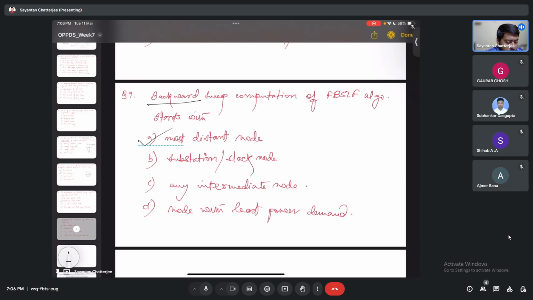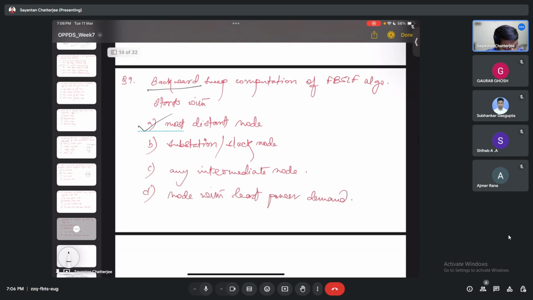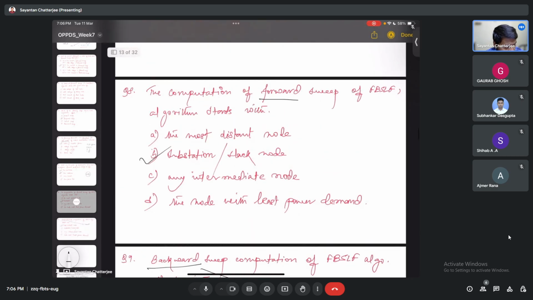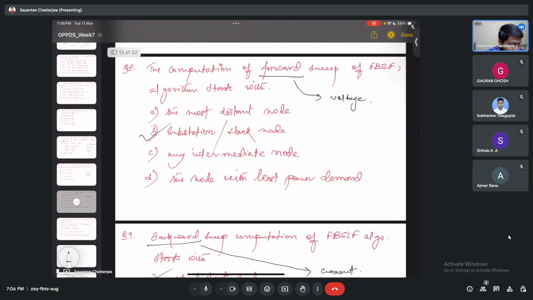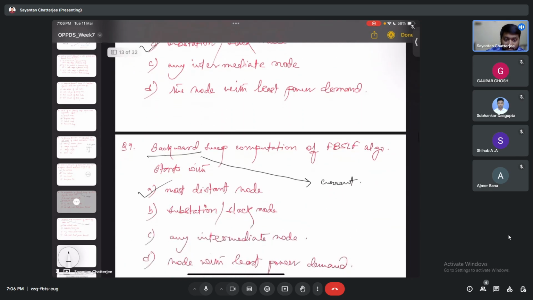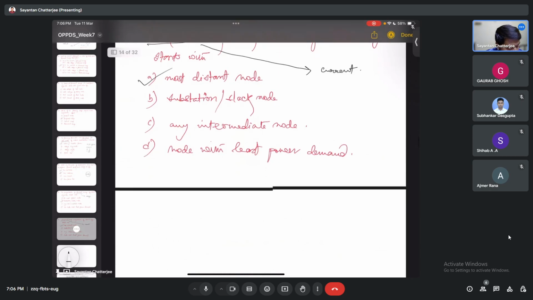The backward sweep can also be called the current sweep, and the forward sweep can be considered the voltage sweep. So the forward sweep starts from the substation node and the backward sweep starts from the most distant node.